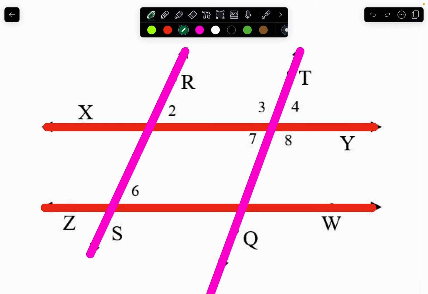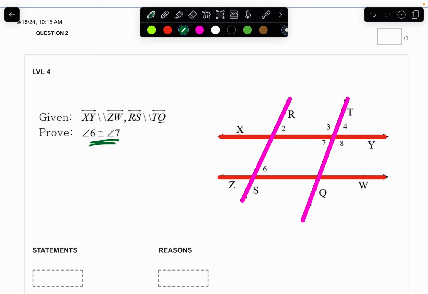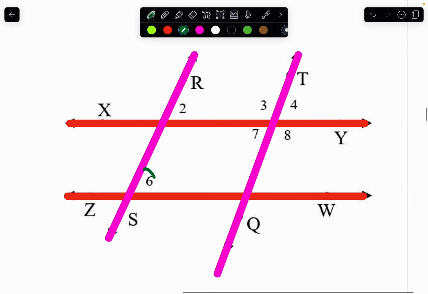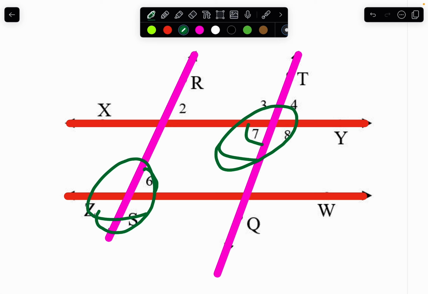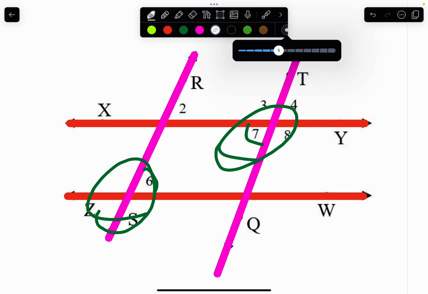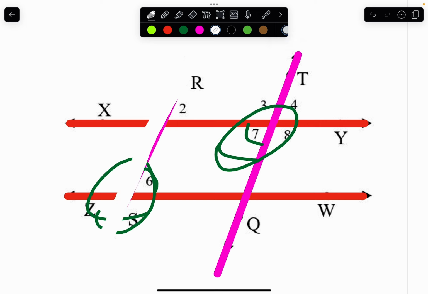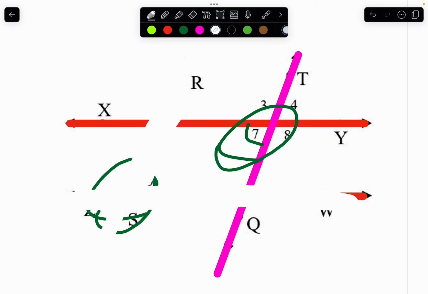So keeping that in mind, let's actually look at what we're trying to do. We're trying to connect 6 to 7, so I'm going to put that in green. 6 and 7 is the goal. Now, is 6 directly related to 7 in any way? No. If I went to angle 6 and erased both of its lines, angle 7 is also gone.